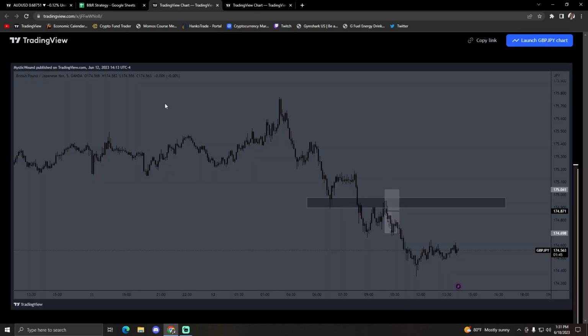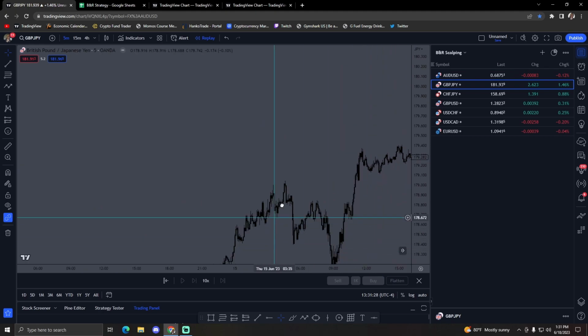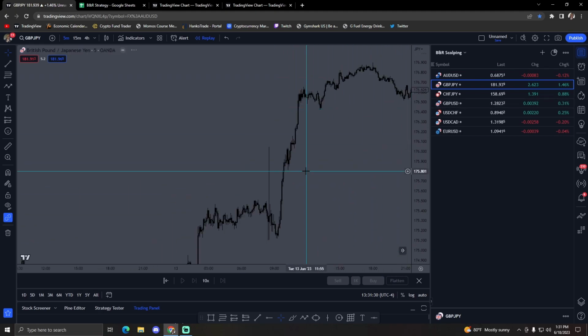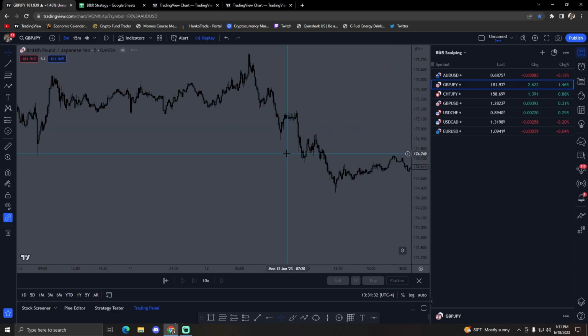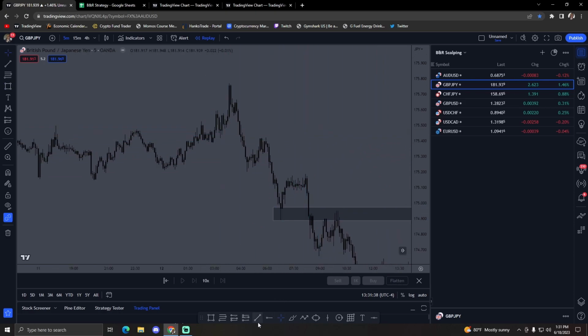Next trade is GBP/JPY. This one was a nice winner. This was a beautiful setup, and it was on the 12th. We go to GJ. Let's go find this setup. Right here. Price was already in a downtrend, as you can see.